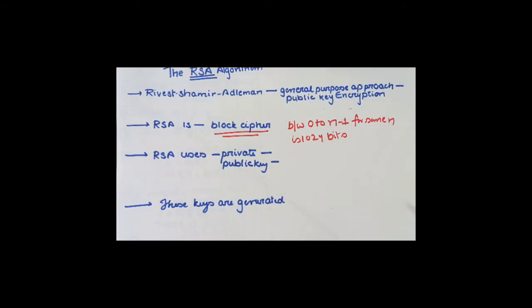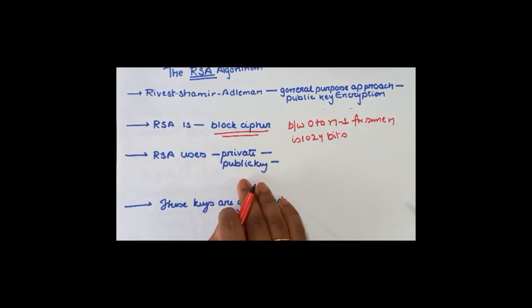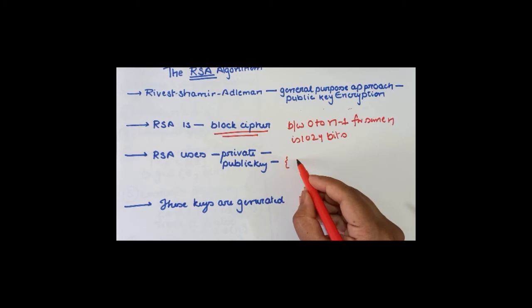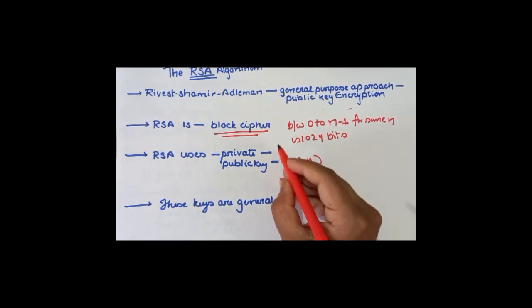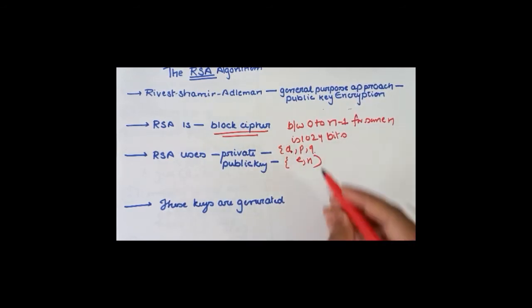Moving ahead, the Rivest Shamir Adleman algorithm is going to use two different keys, private key and public key, as all of us know. Now the public key is going to be referred to as E comma N, and the private key is going to be referred to as D, P and Q. Okay, so let's see how these two keys will be generated.